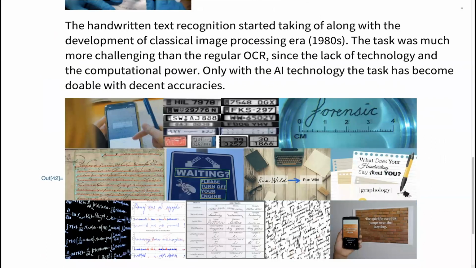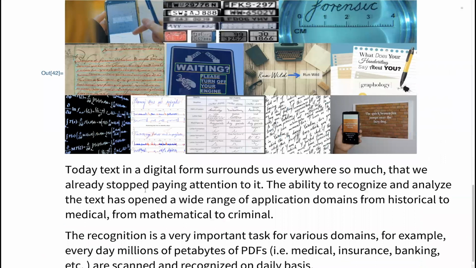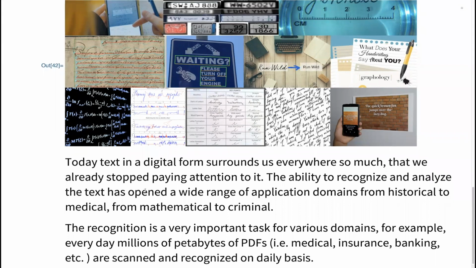Nowadays, digital text appears in a lot of places, so much that we don't already pay attention to it. It's literally everywhere, from historical to medical domains, from criminal to mathematical, from road camera detection to mobile phone pictures, signs, and car plate recognition.